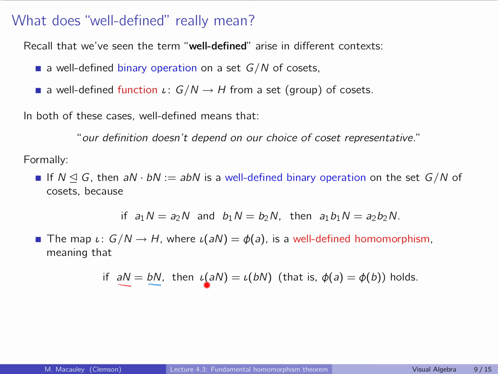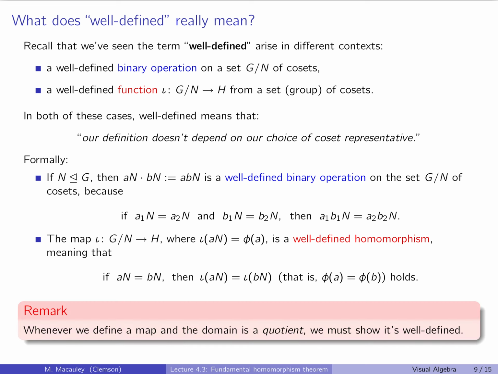So iota of aN has to be equal to iota of bN. And we proved this. We showed that phi of a will equal phi of b. In general, whenever we define a map and the domain is a quotient, we must show that our definition is actually well defined.